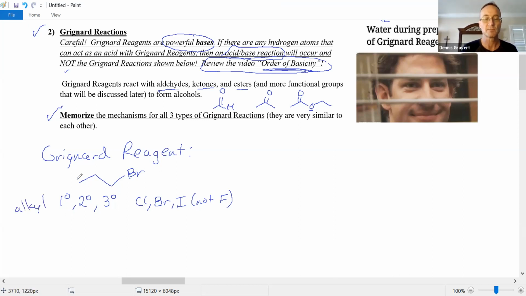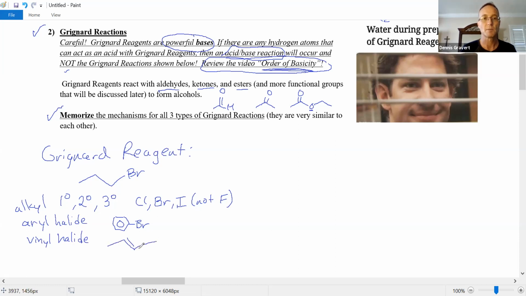Nice thing about Grignard reagents is that you don't have to have alkanes with halides. You can also have aryl halides. Aryl referring to the arene or the aromatic functional group. So you can have a benzene ring with your favorite halide on, chlorine, bromine, or iodine. You can also use vinyl halides.